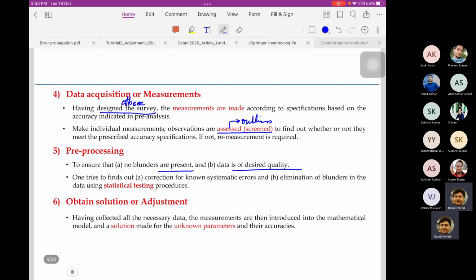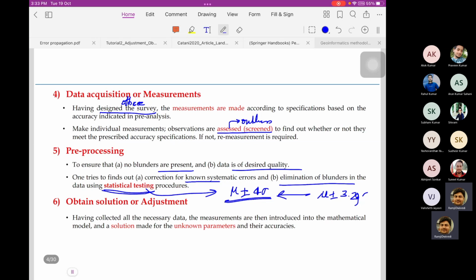One tries to find out the correct way to know the systematic error and eliminate blunders using statistical testing procedure. We will discuss this procedure, although we know sigma, mu plus minus... in fact we have discussed somewhere mu plus minus 4 sigma. Nowadays the threshold has improved. Previously it was mu plus minus 3.29 sigma, which was there to remove the outliers, but now it has improved to mu plus minus 4 sigma.